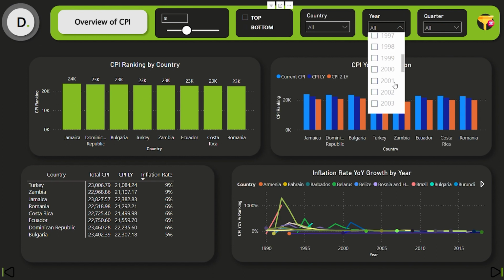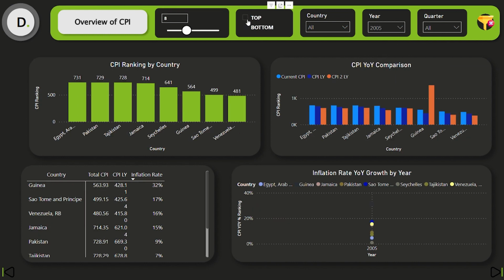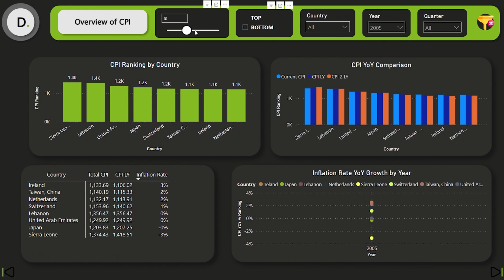We can also see which country in the year 2005 has the highest CPI rate. The top 8 countries with the highest CPI rates in the year 2005. So we can also draw an insight on that.